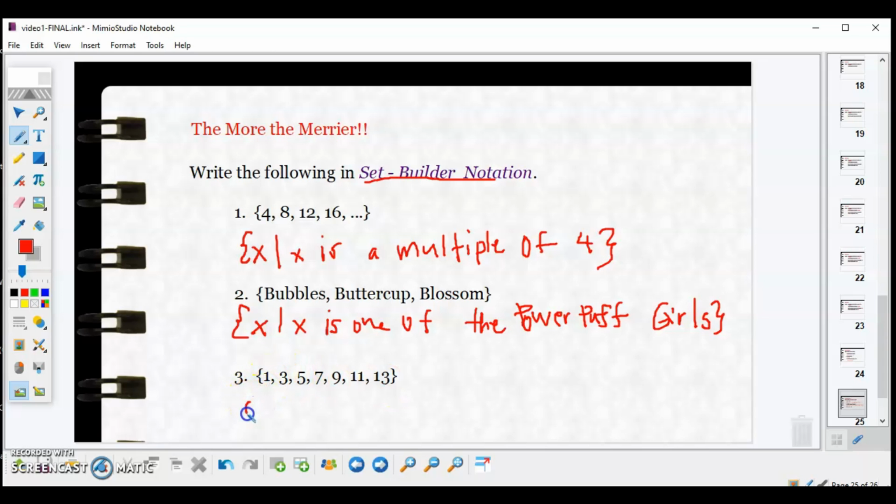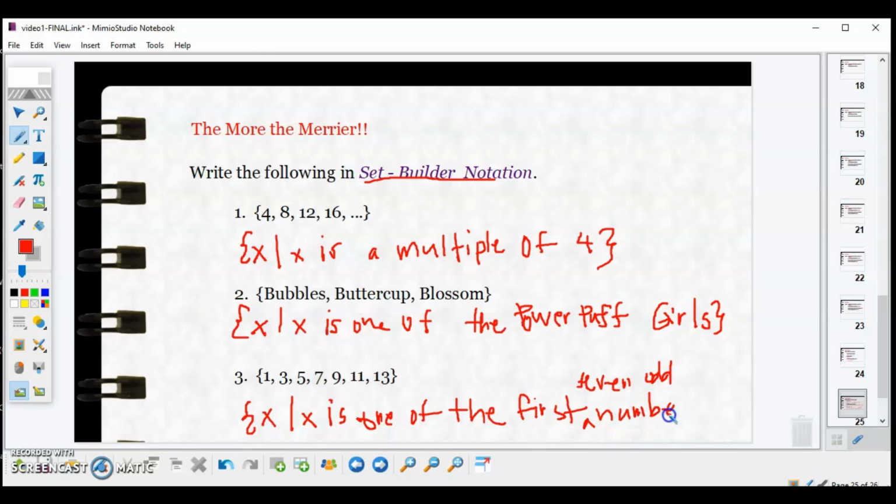So we could simply have the set of all x such that x is one of the first 7 odd numbers. And there you have it.